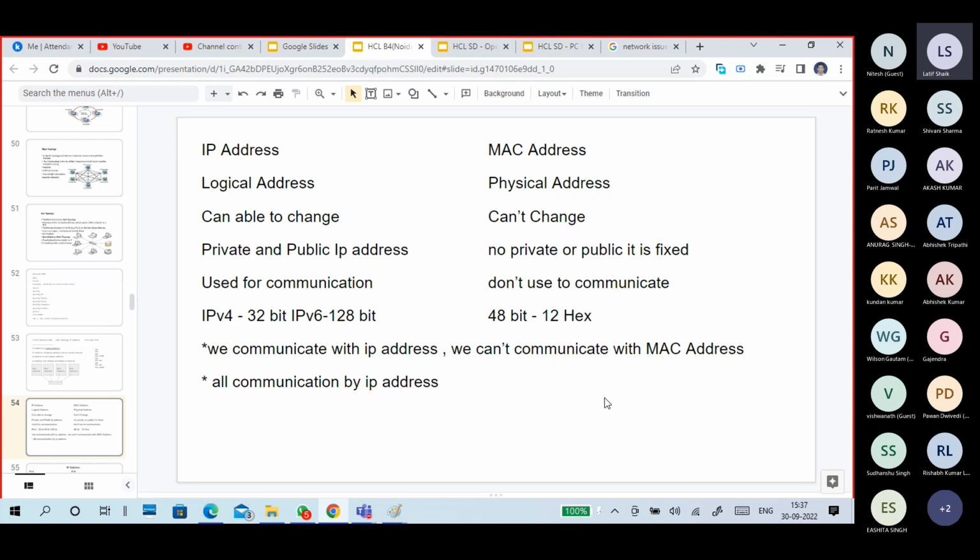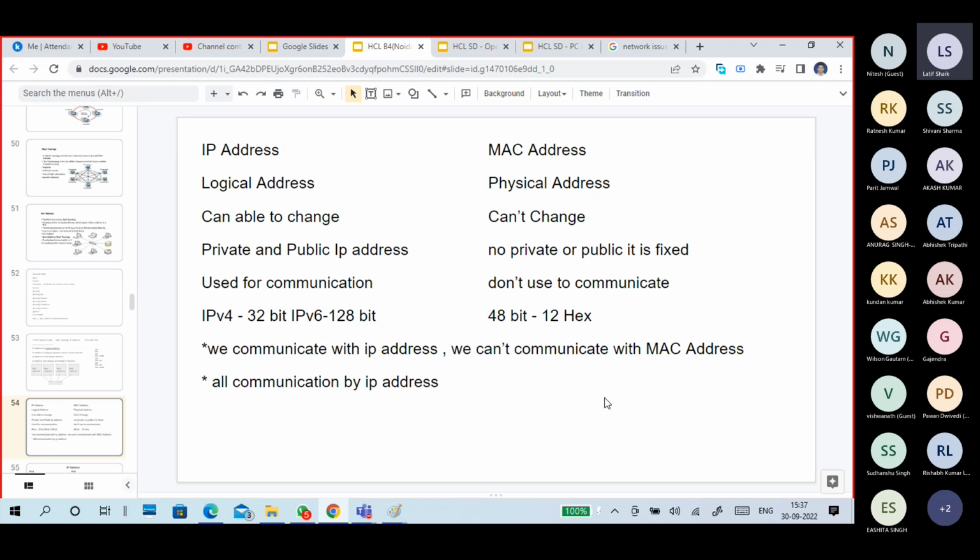So, A to B communication: PC A wants to communicate with B, so PC A uses B's IP address. It communicates with B's IP address and not with B's MAC address. All communications are by IP address.